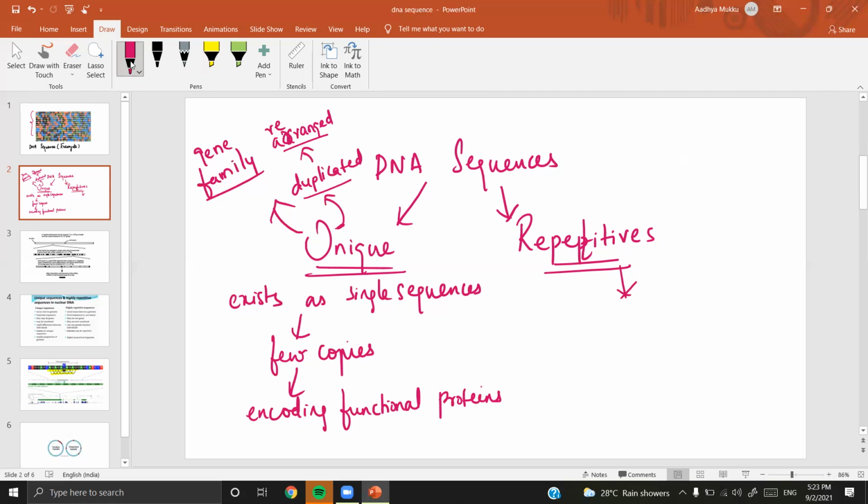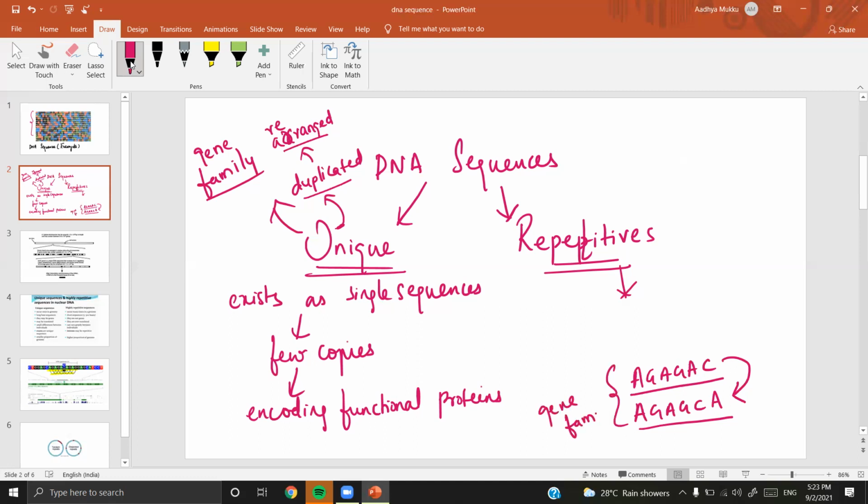For example, suppose I'm going to have AG, okay, this is being copied, AG, but here there is rearrangement of these nitrogen bases. Already I have told you that they are being copied, but there is a rearrangement. So you can see that these particular groups are being called a gene family.